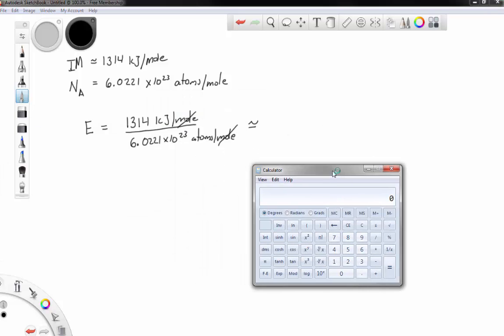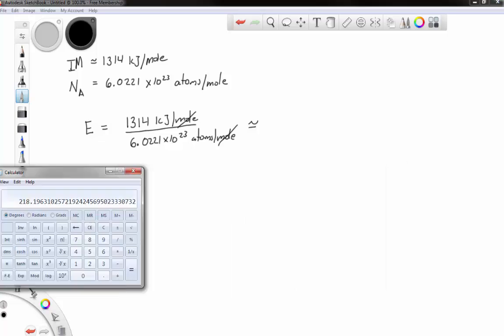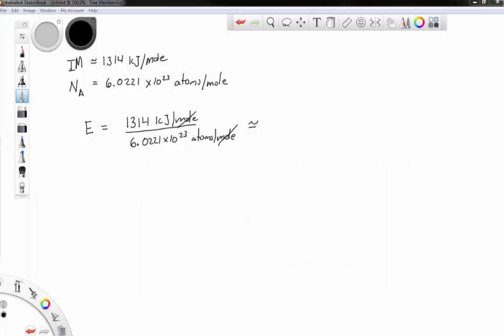So let's do our little calculation. That's 1314 divided by 6.0221. You end up with 218.19 or whatever. So this is 218.2 kilojoules divided by 10 to the 23 atoms.